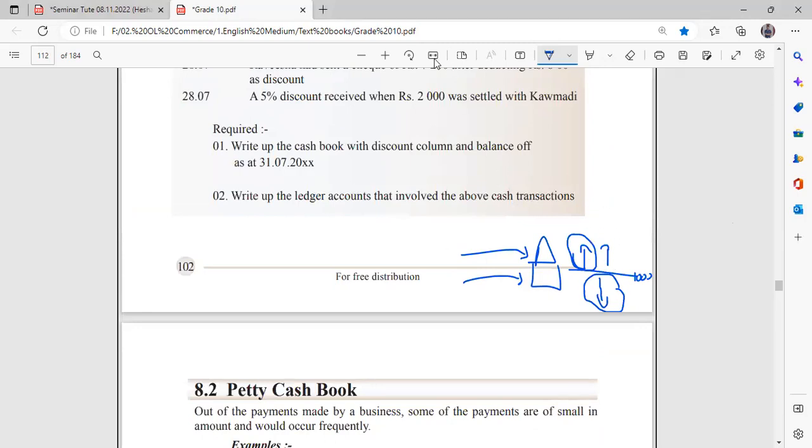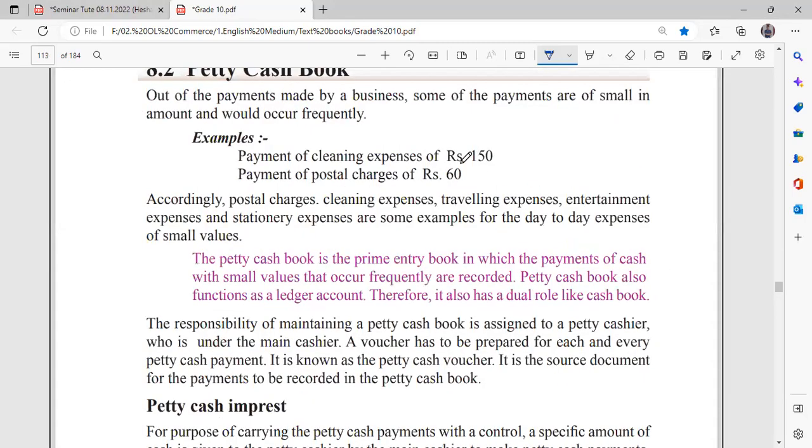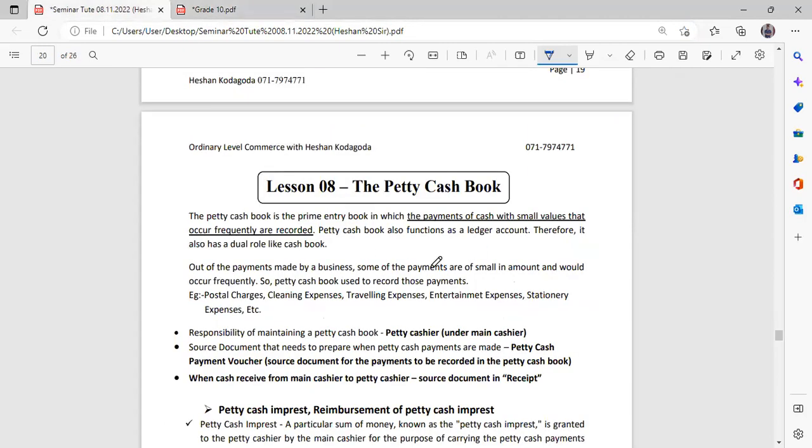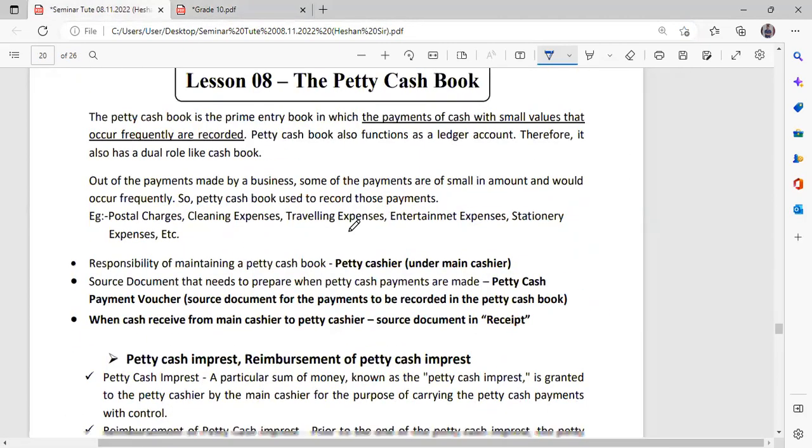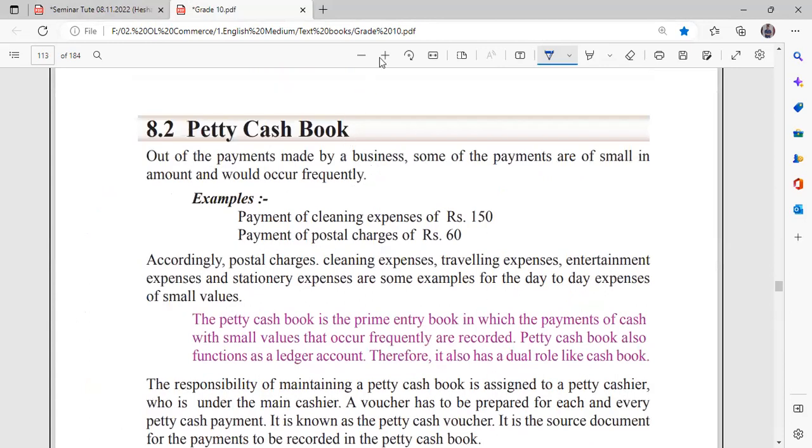But in here, we use a term called petty cash imprest, not the petty cash level. Now this is my tute, so you can find the note. I'm going to discuss the textbook. Out of payments made by the business, some of the payments are smaller in amount and occur frequently. Some payments are of relatively smaller value and also occur again and again.